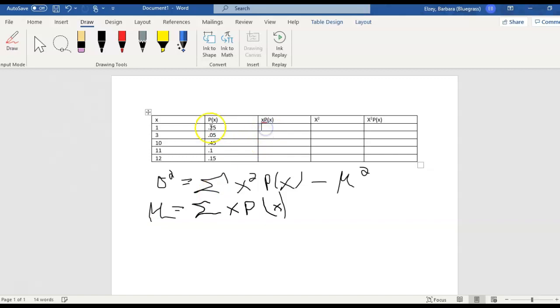All right, so first I need to get x times p(x). So I'm going to multiply this column times this column. So 1 times 0.25 is 0.25. 3 times 0.05 is 0.15, except I can't seem to type. 10 times 0.45 is 4.5. 11 times 0.1 is 0.11.